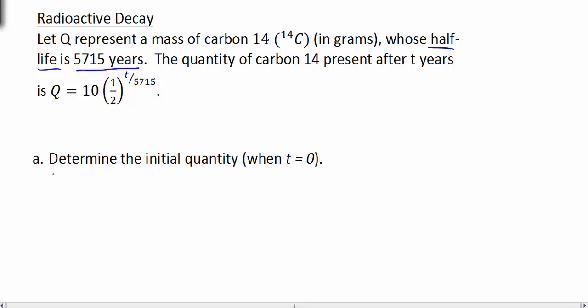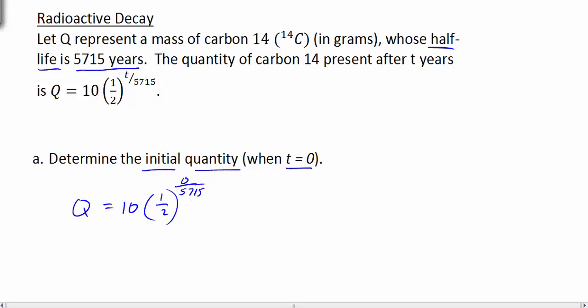So here it says, first of all, determine the initial quantity of carbon. Well, if that's looking at the initial quantity, then that means T is certainly equal to 0. So the quantity would be 10 times 1/2, and I'll go ahead and write this in, raised to the 0 divided by 5,715.